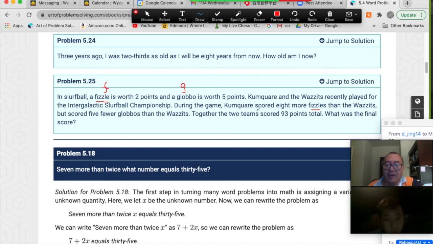So K scored 8 more fizzles than W. 8 more, that will be 8 times 2, that will be 16 points more than W. But scored 5 fewer globos than W. This one is 5 points, so 5 times 5 is 25 less. That's 25. Fewer than W.